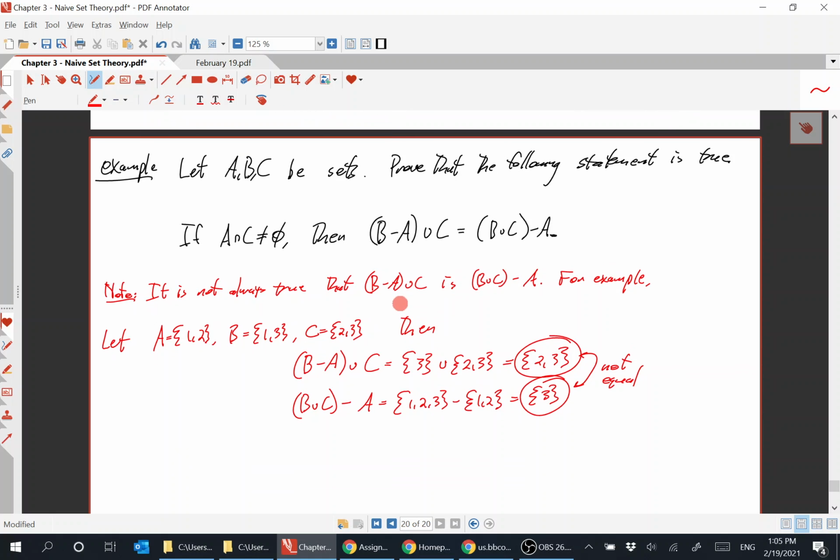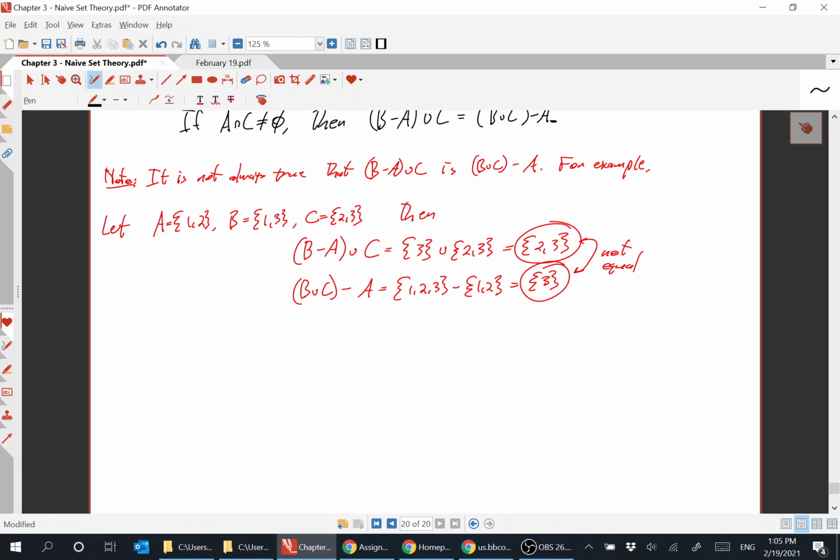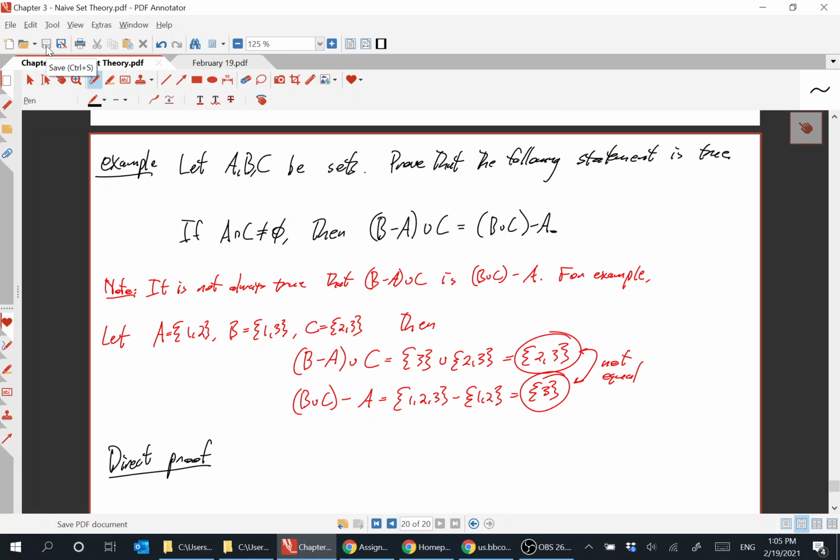All right. So let's do a couple of direct proofs. What is the first sentence of my direct proof? We must assume the hypothesis is true, then show that the conclusion is forced to be true.